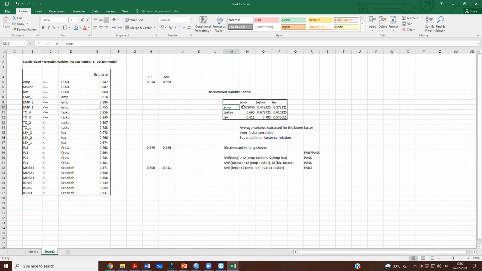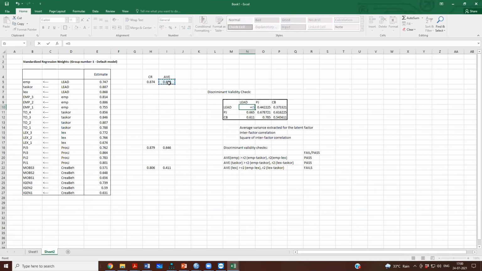Now we will have lead instead of EMP, task orientation and LEX. We will have lead, we will have PJ, and we will have creative behavior. We will have lead again, PJ, and creative behavior.